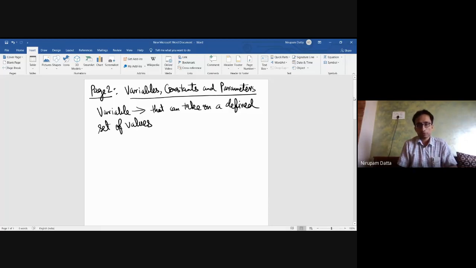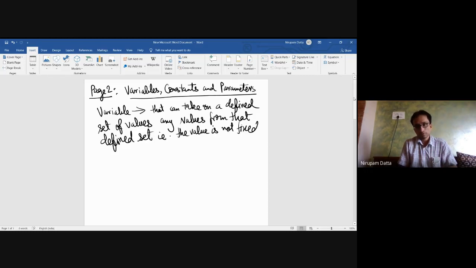So if you have defined a set of values, a variable can take any value from that defined set. That means the value is not fixed and changes continuously or discretely.